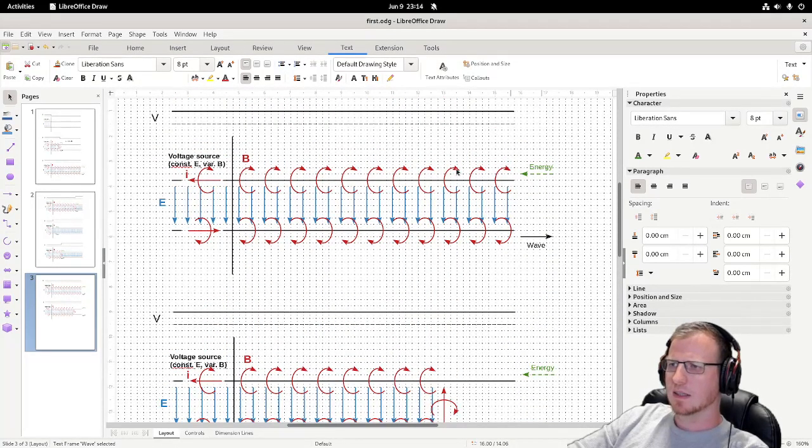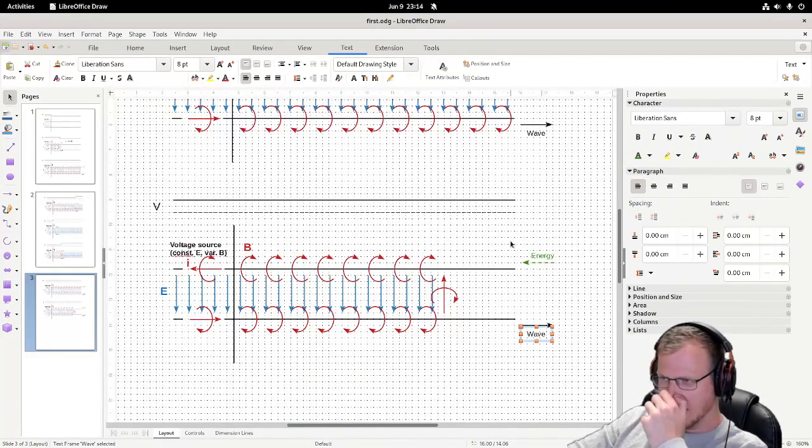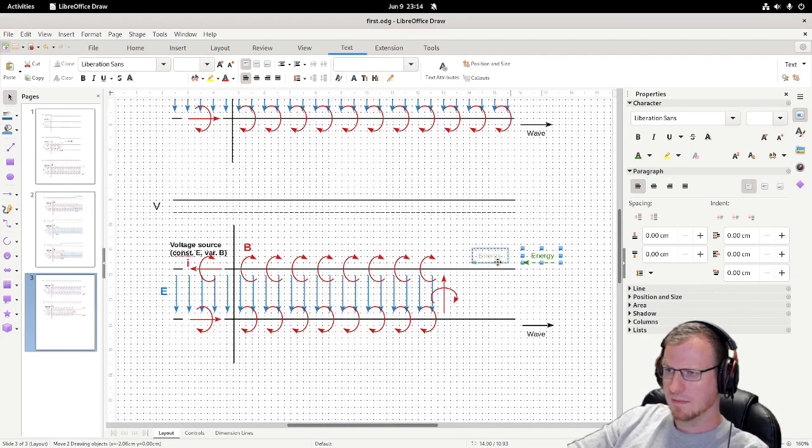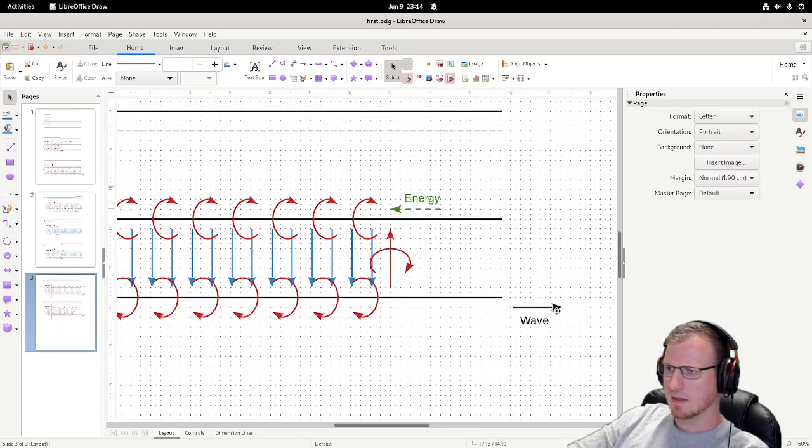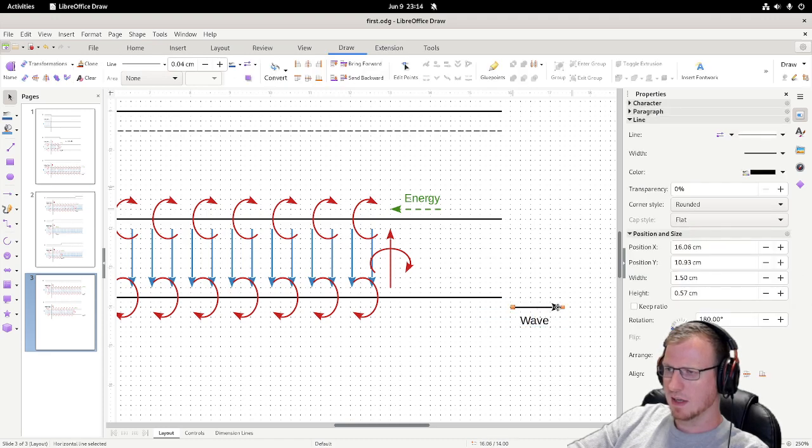So the energy is sucked out again, still for a long time now. And the wave is now again traveling in the same direction.